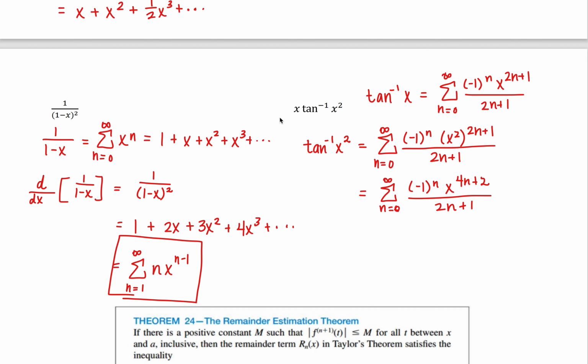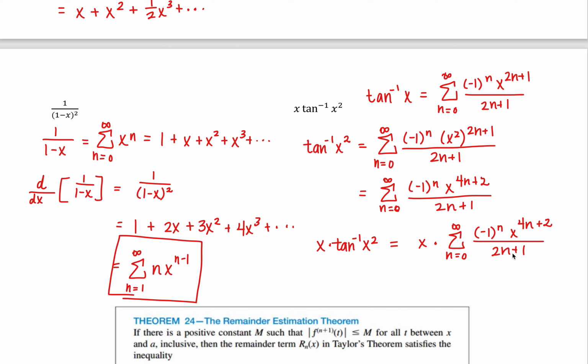So now let's look at the whole function here. We have x times inverse tangent of x squared. So I'm going to multiply this series here by x. And it's going to be very similar to what I did with the first example in this grouping.